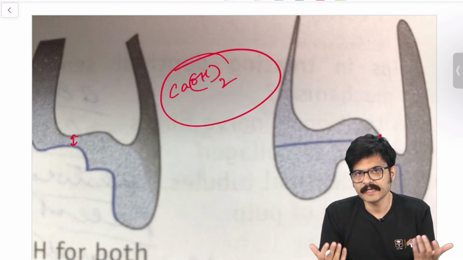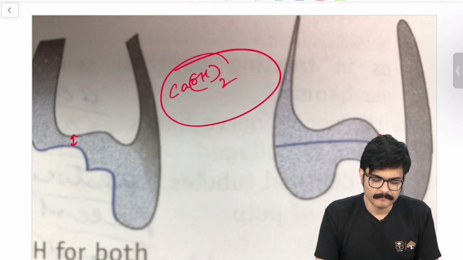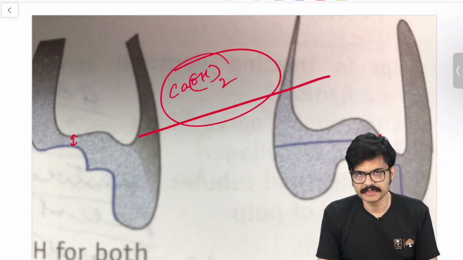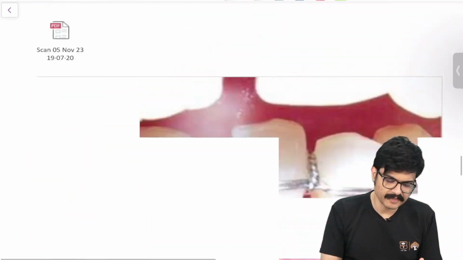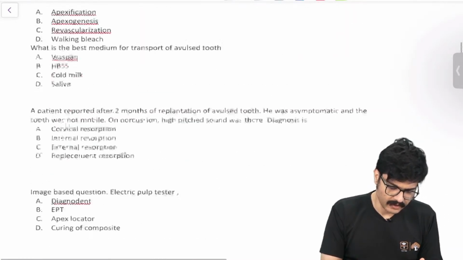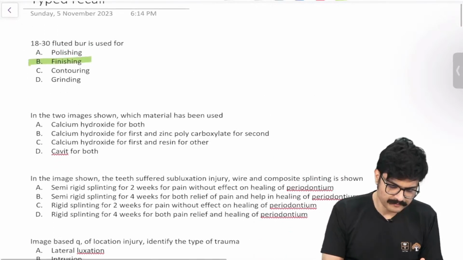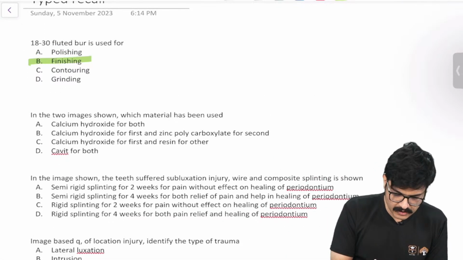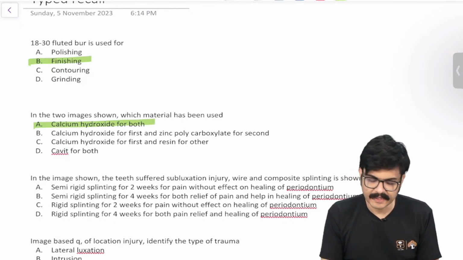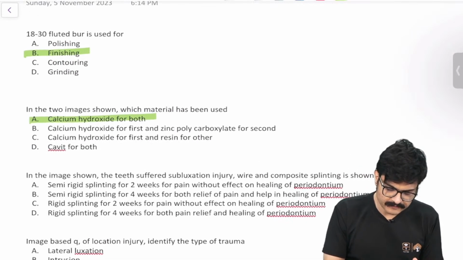Modern day, you can do MTA or Biodentine as an indirect pulp capping agent. However, in the options, MTA and Biodentine were not given, making our life easy, right? So the answer is simple. You do calcium hydroxide as a liner for both the cases. No doubt about this, guys.